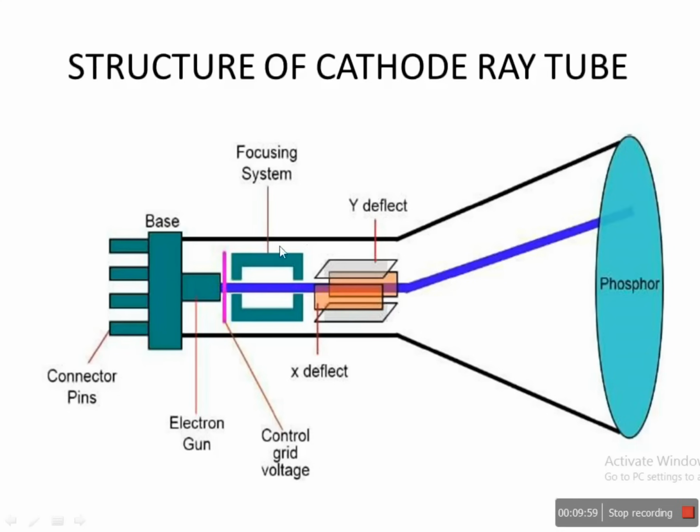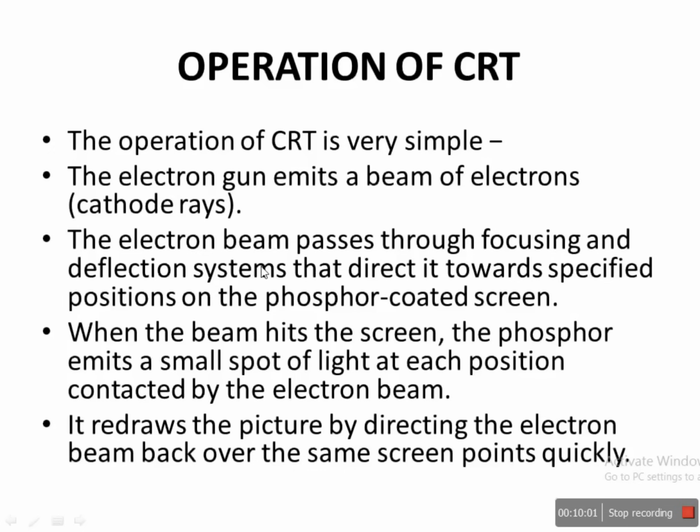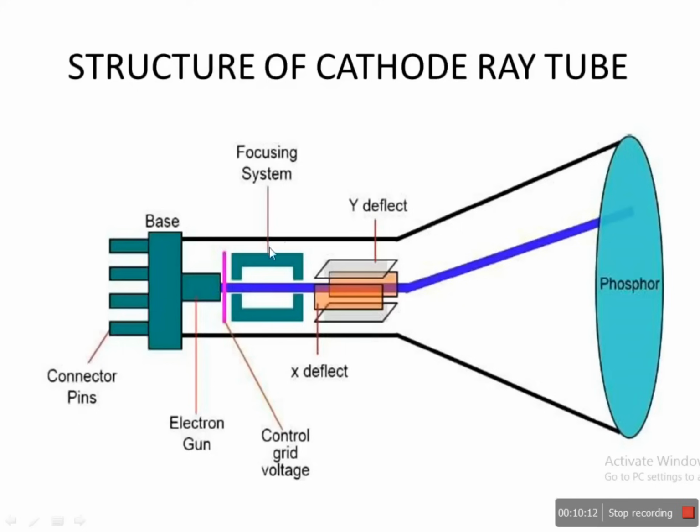Now we have something called the focusing system over here. When the beam hits the screen, the phosphor emits a small spot of light at each position contacted by the electron beam. Now what does this focusing system do? It helps in positioning the electron beams on the screen. And this Y deflect and X deflect are basically deflection plates.